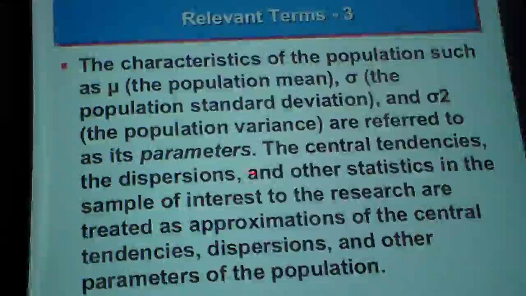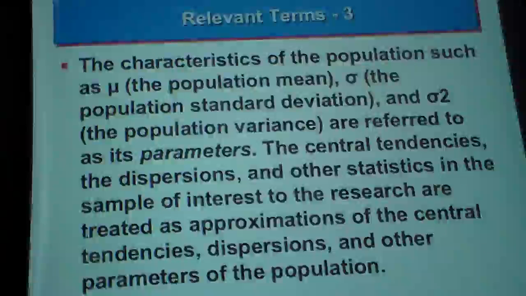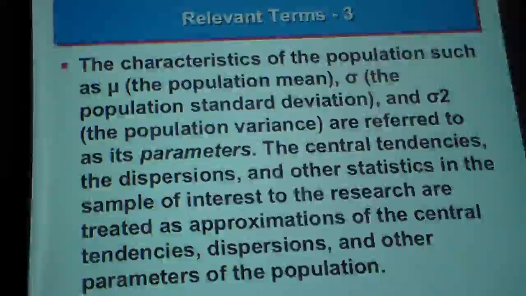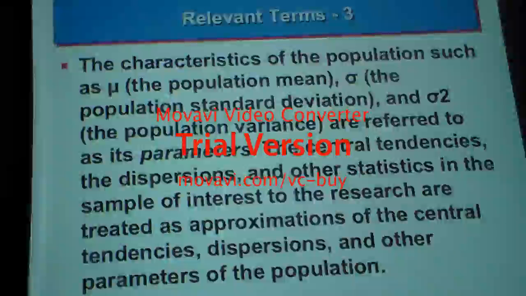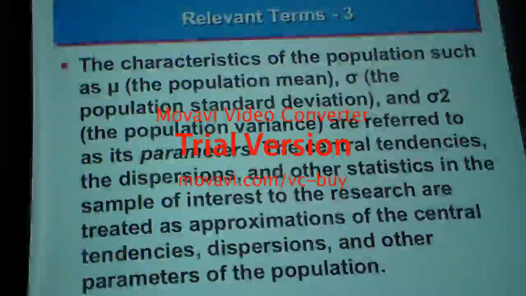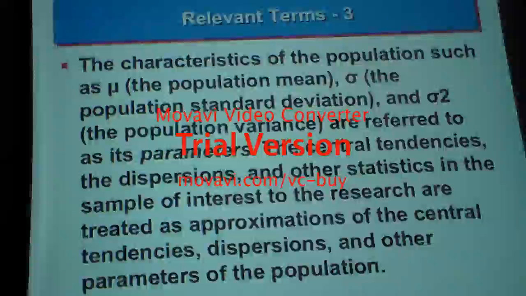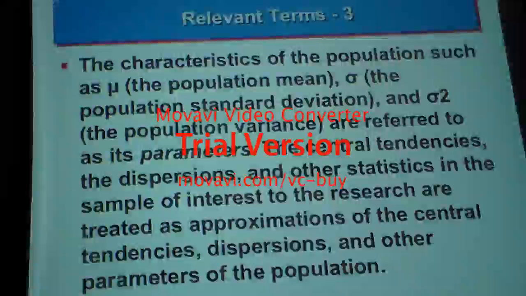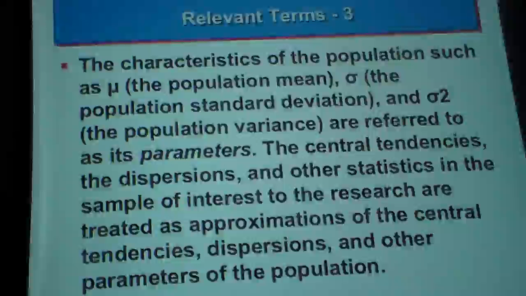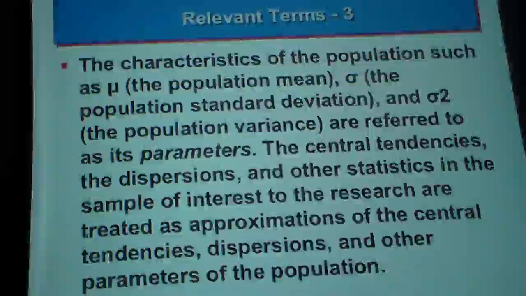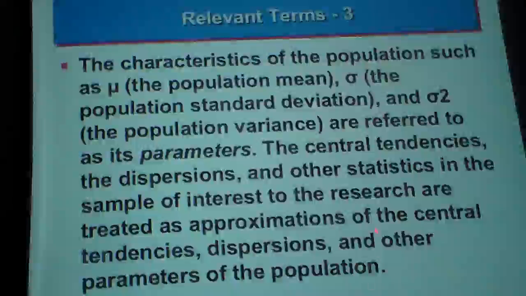And dispersion. Dispersion we call it in Arabic تشتت. Variance and standard deviation: how the characteristics of data spread, not in the center.